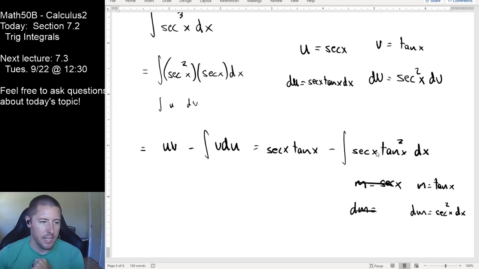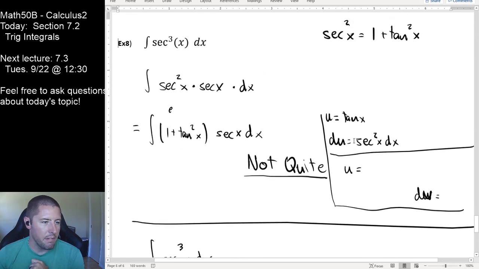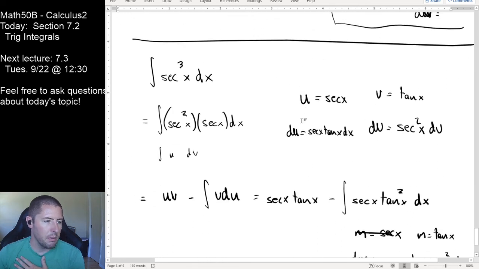Here's the thing I'm realizing. I'm still working on this being the hopeful thing that's going to take me home on this problem. I don't want to forget that we identified a pretty useful substitution up here. This is my way to rewrite tangent squared stuff in terms of secant squared stuff, right? Notice that this substitution was useless to us the first time we tried it, but maybe now it is actually going to be more useful.